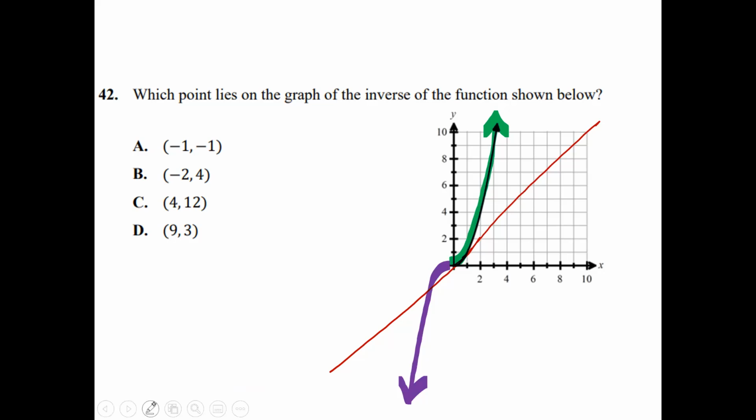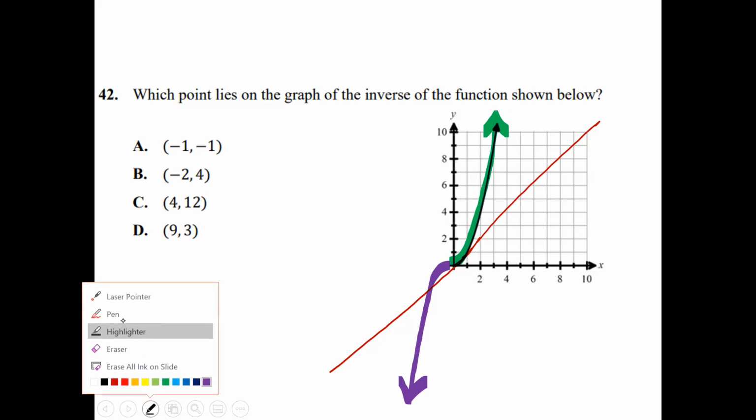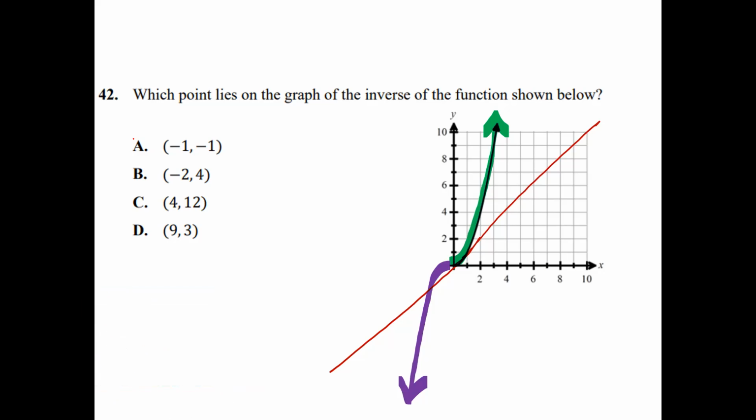Then thinking about this, where are these points going to be located? -1, 1 is going to be right over here. -2, 4, or -1, -1 most likely, because it looks like that might be on the graph. If you're not sure, we can extend this.